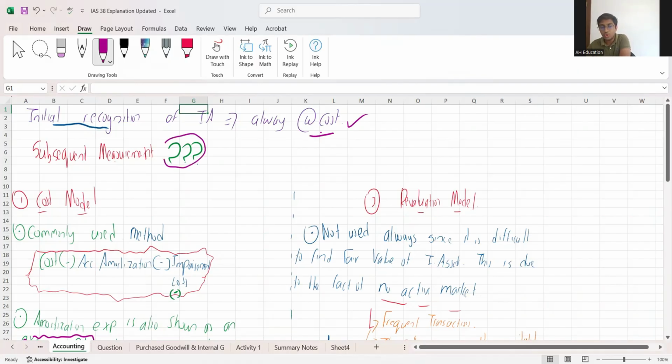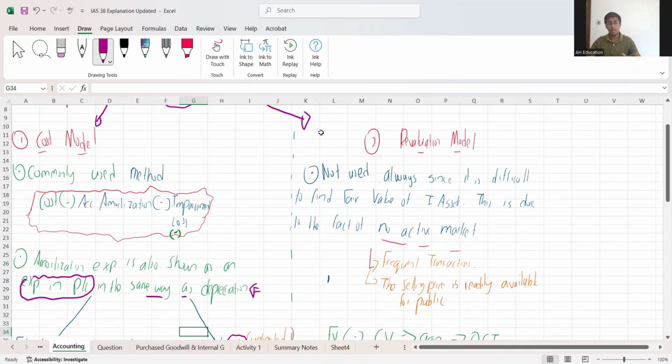You have two methods that you can use. One is your cost model, and the other one is your revaluation model. Okay. Don't worry, in your exams, the examiner will mention which model you are supposed to use. If he does not, he will give you a paragraph in a way that you are able to understand which model you are supposed to use. Okay. Now we look into the cost model, and then later we shift to the revaluation model of how accounting is to be done.